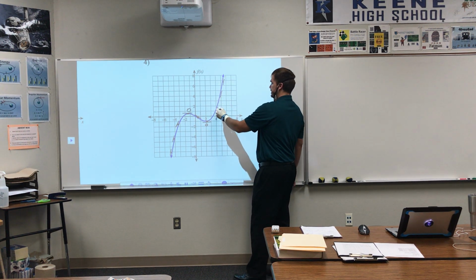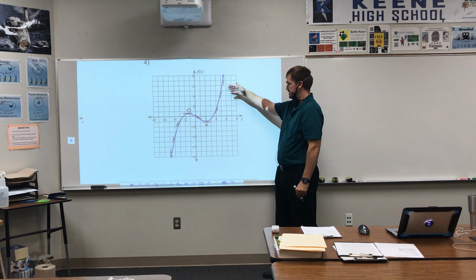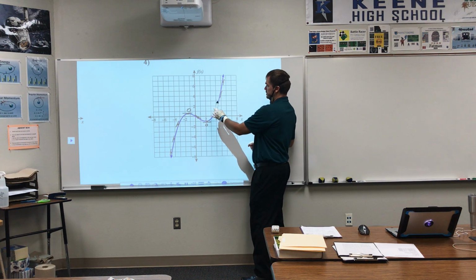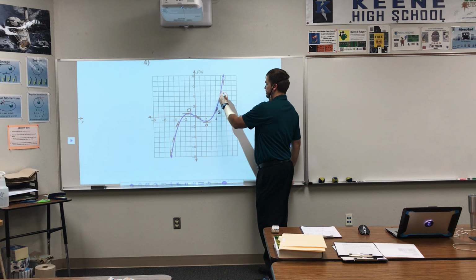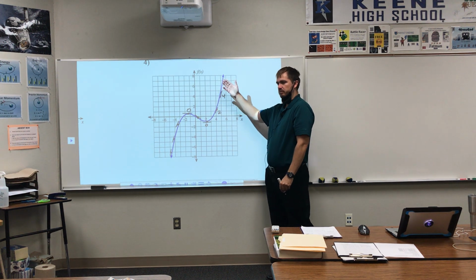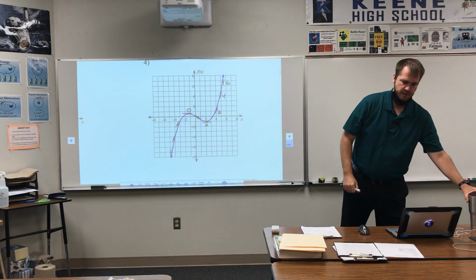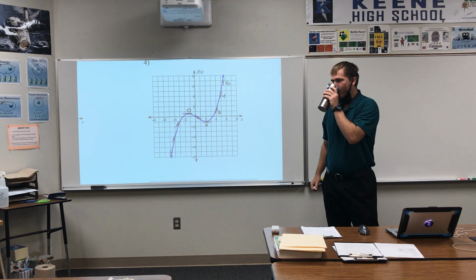How do you describe these tangent lines? What are their slopes, rather? Positive. Are the positive slopes getting larger or smaller? Probably larger. So this might be a 2, this might be a 4, this might be a 6. So go and throw some numbers on there, on your paper if you don't already have them, next to your little local linearization segments.